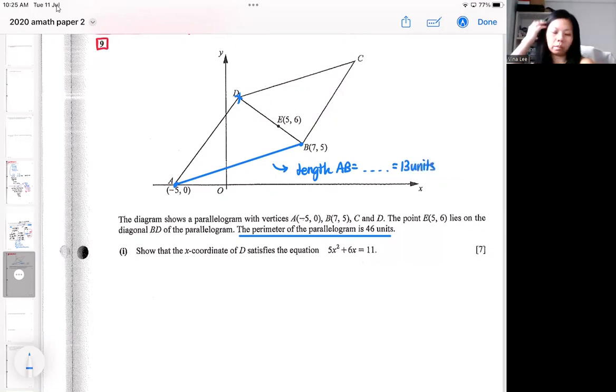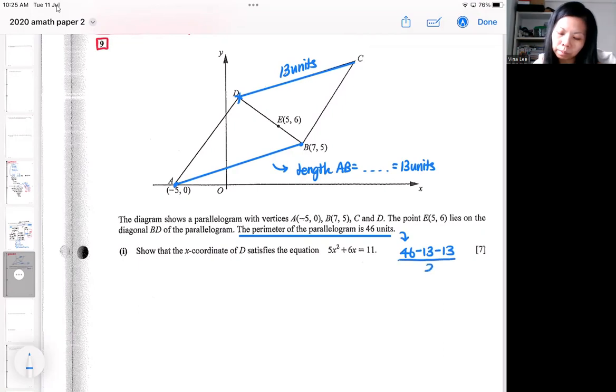So I will not show you the working. Okay, you can try doing it yourself. By the property of parallelogram, that means this will also be 13 units. So if you use the perimeter to subtract the 13 and then you divide by 2, you will get 10.